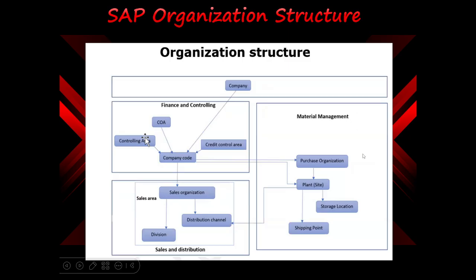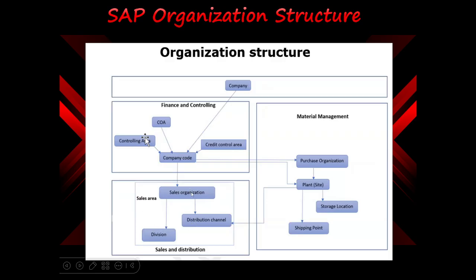So this is the introduction to material management, where we'll be discussing how to configure purchase organization, plant, storage location, etc. This image is just for a reference, like what the standard organization structure is. So we have company, we have company code, we have plant, we have sales organization, in that we have distribution channel and division.